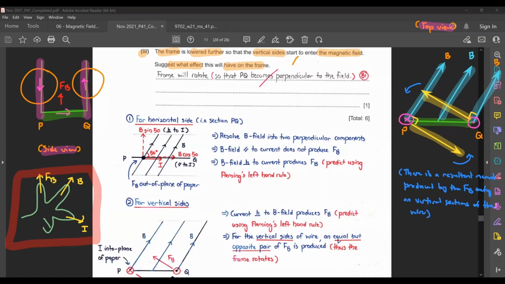Now you can see that there's a resultant moment counterclockwise caused by the forces acting on the vertical sides of the wire. Therefore, the wire rotates counterclockwise.